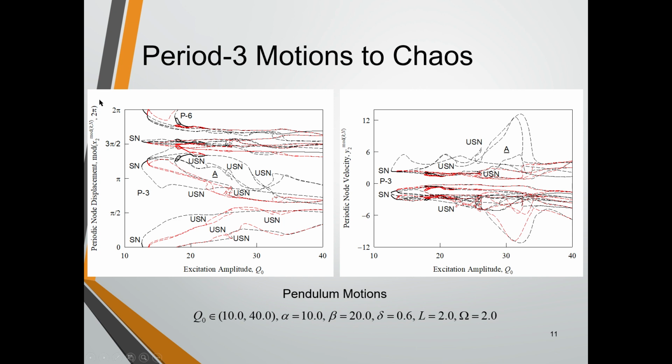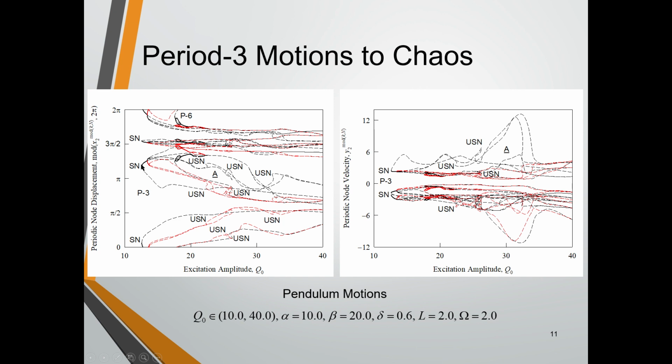You can see here we start with a symmetric period 3 motion. At the left-hand side here, we encounter a saddle node bifurcation with a jumping phenomenon, which connects to unstable motions.